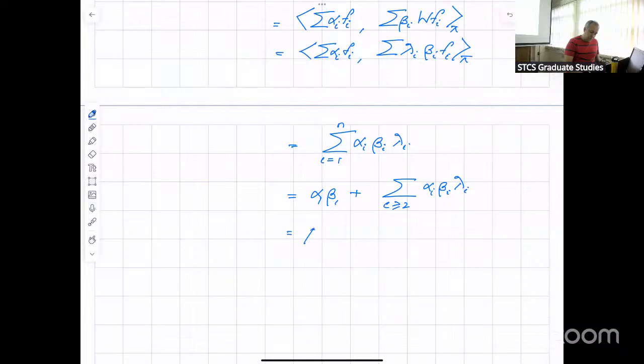Alpha 1 beta 1 was just mu g mu h, which we saw already.